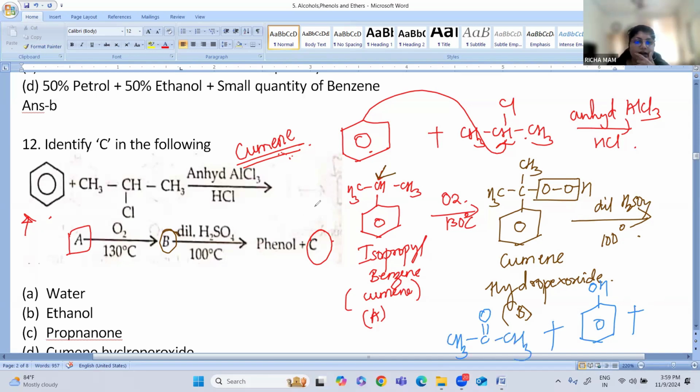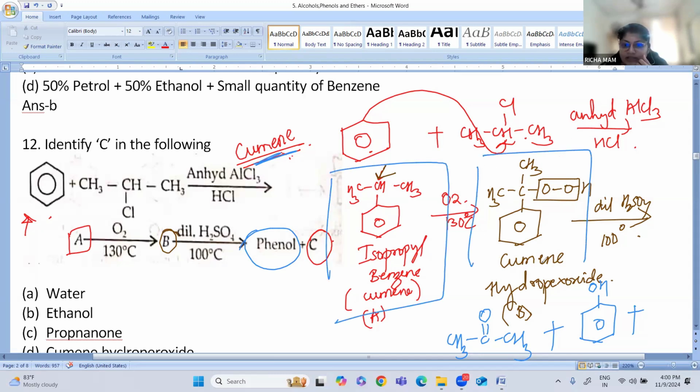When you are writing the preparation of phenol from cumene, this is an important step, and the byproduct is important. You should not only write phenol, you should write this also.